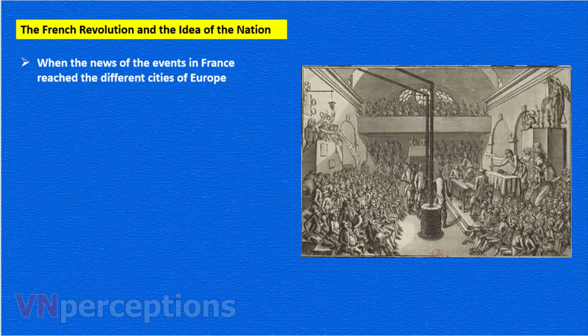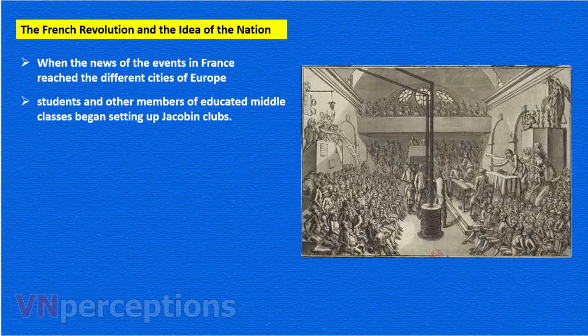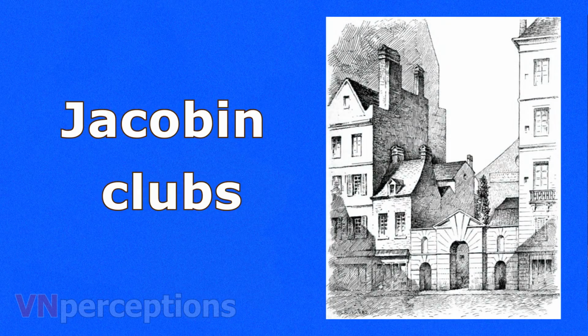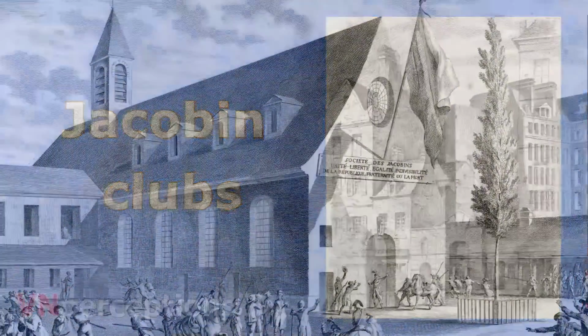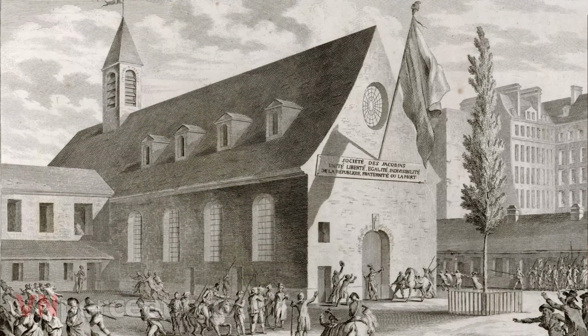When the news of the events in France reached different cities of Europe, students and other members of the educated middle class began setting up Jacobin clubs. The most prominent political clubs of the French Revolution were the Jacobin clubs that sprang up throughout Paris and the provinces in August of 1789.